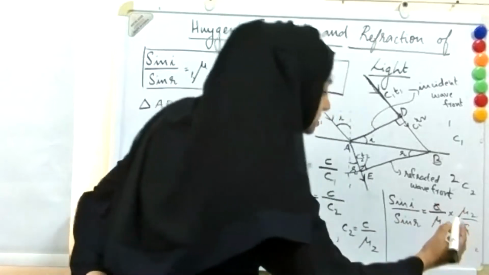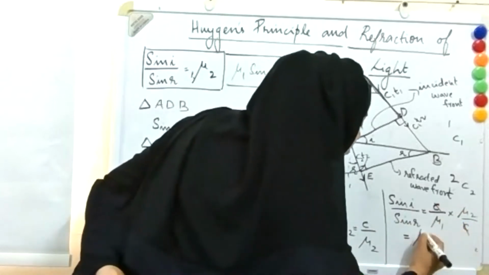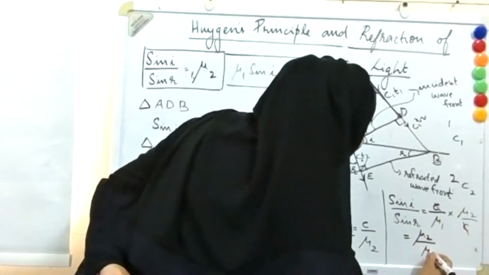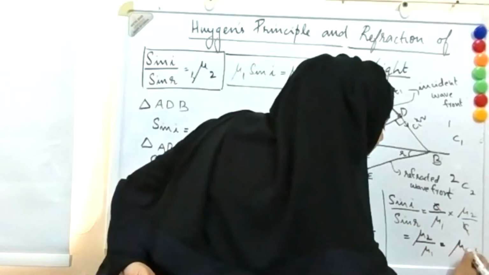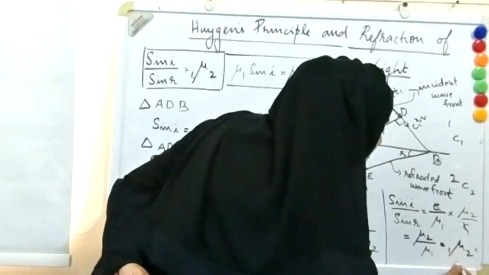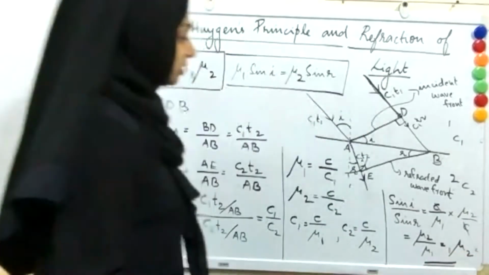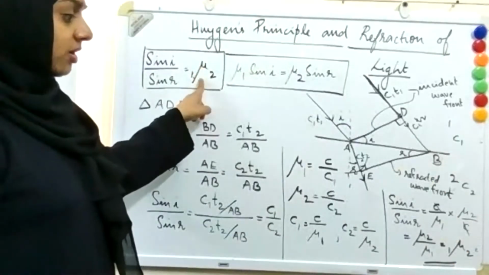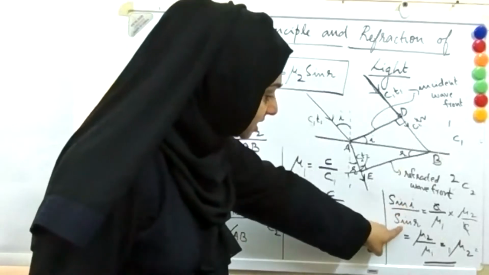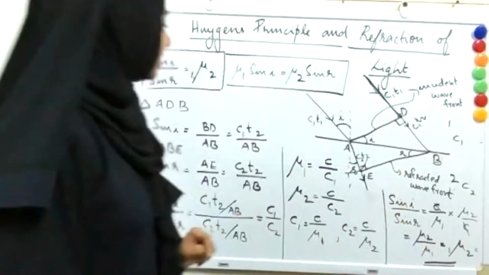So c gets cancelled. So this is equal to mu2 by mu1. Mu2 by mu1 means what? Refractive index of 2 with respect to 1. So we got this equation, sin i by sin r is equal to mu2 1, or in other words, sin i by sin r is equal to mu2 by mu1.